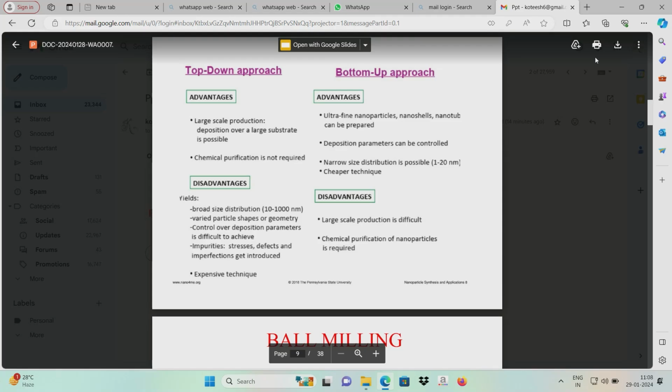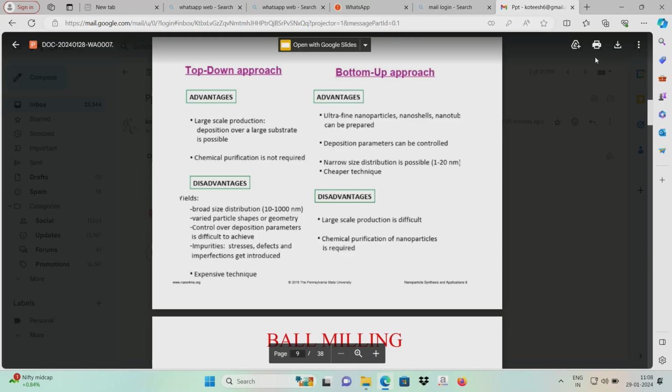The disadvantages: in the top-down approach, the size distribution is very broad, that is 10 to 1000 nanometers, stresses, defects and imperfections get introduced, and it is more expensive compared to the other approaches.